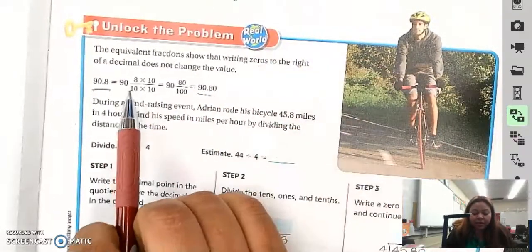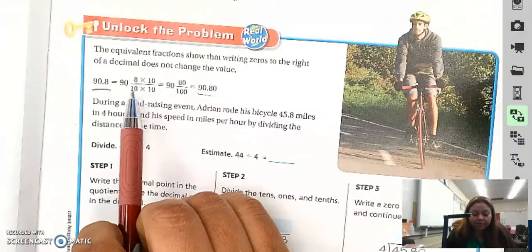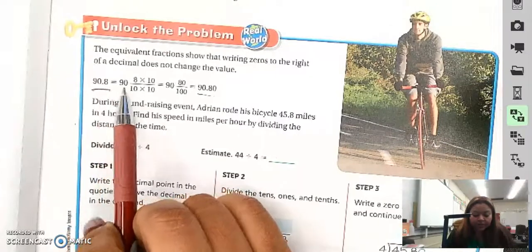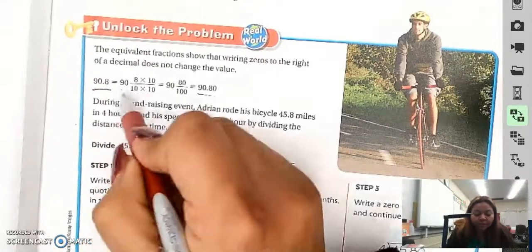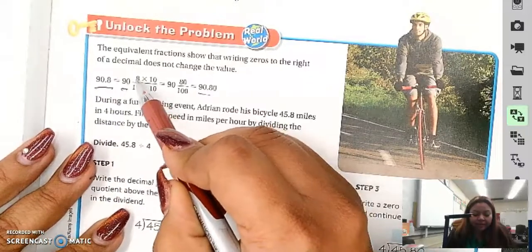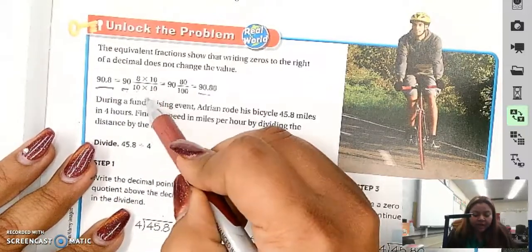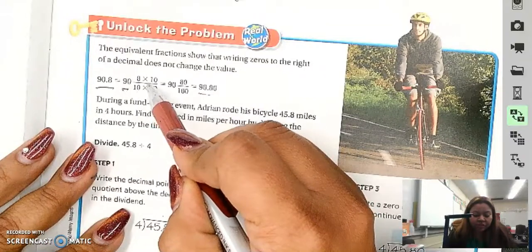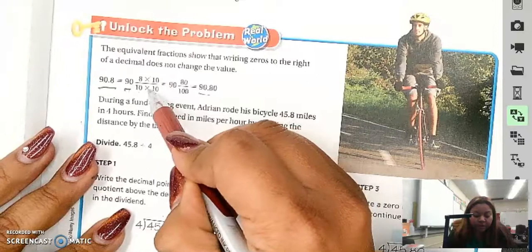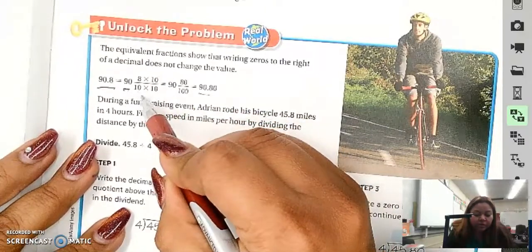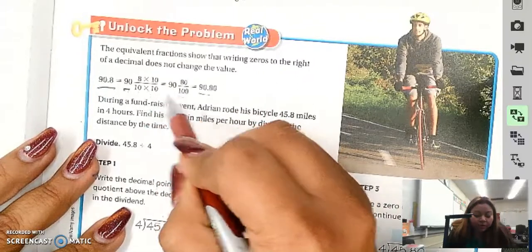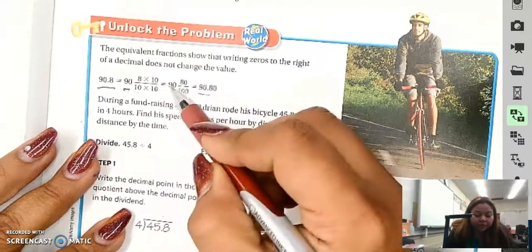So here, they're giving you an example. If we were to convert 90.8 into a fraction, 90 stays the same because that's a whole number. Then 0.8 we can write as 8 over 10. We can multiply the numerator and the denominator by 10 to make it 80 over 100.